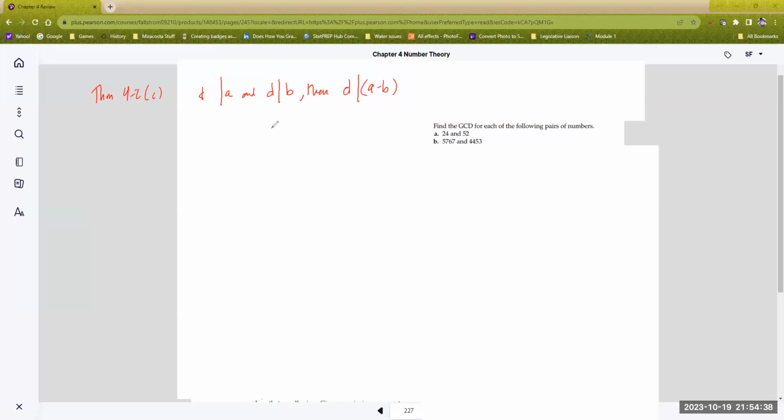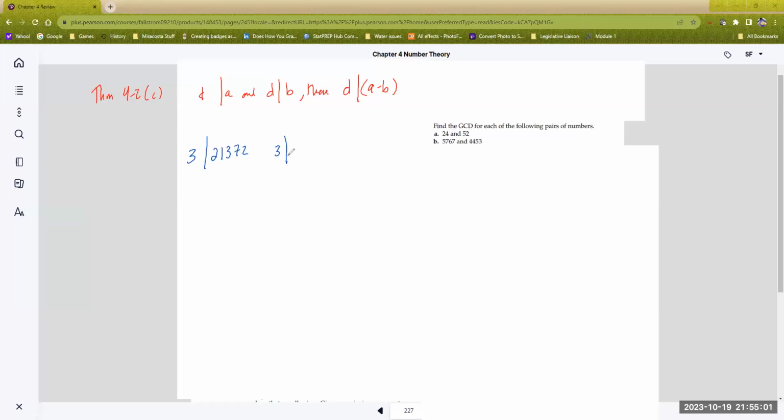Okay. Well, now, of course, what does that mean? Well, whatever your number is, let's just say we have some big number, and we'll say 3 divides 21,372. So here's a large number, and 3 does divide this number.